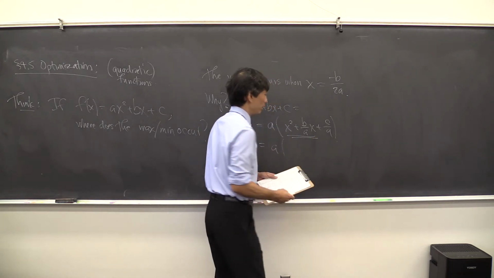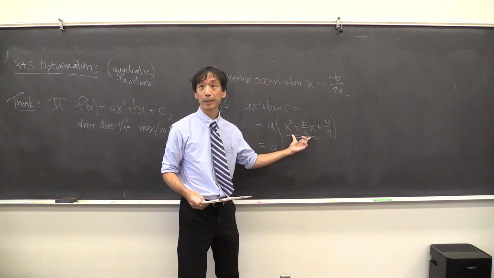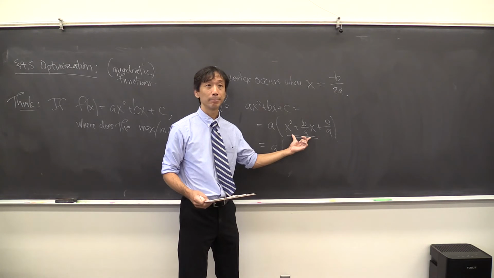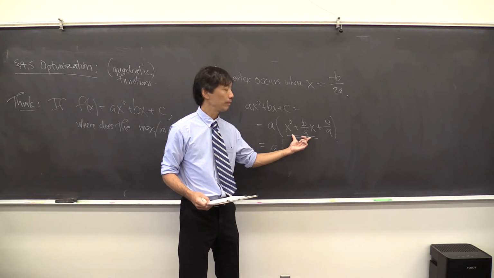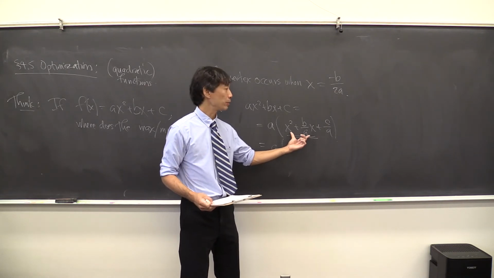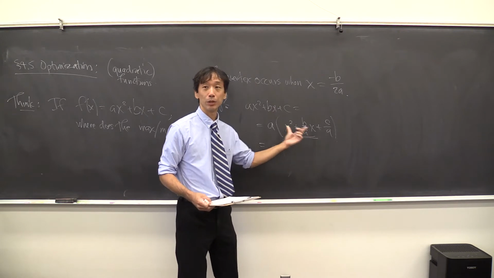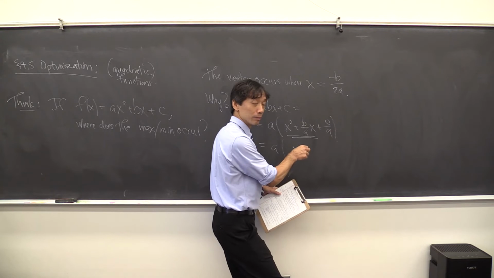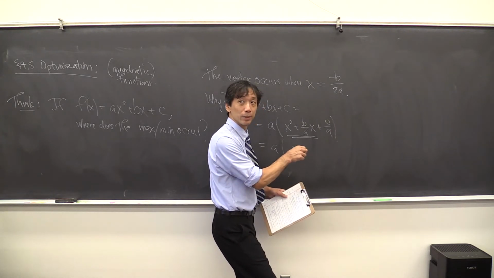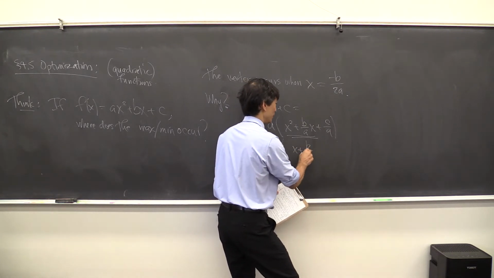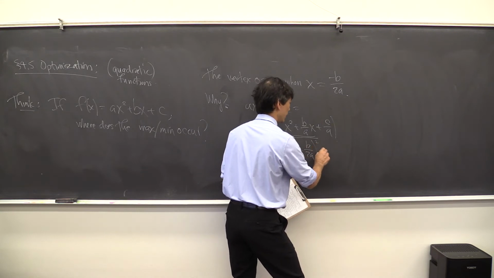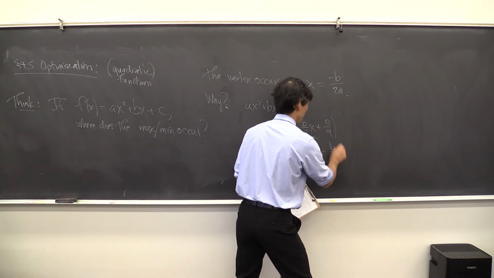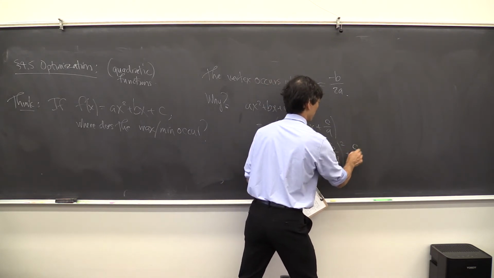What's this going to turn into? x squared plus b over a x, when you do completing the square on it, turns into x plus b over 2a quantity squared, and then of course you have to subtract off that term that you added on.